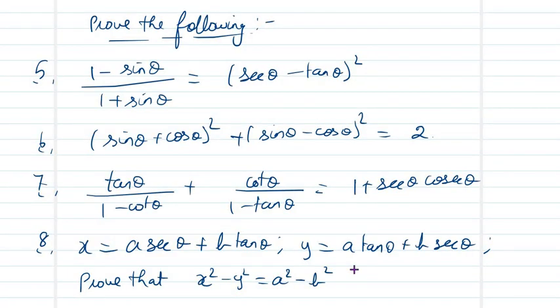Here you are able to see some problems, especially from the identities topic. A few of them may be challenging, but you can understand these problems by solving them, by practicing them, by learning these methods from these identities.